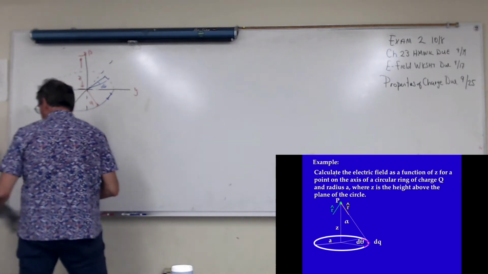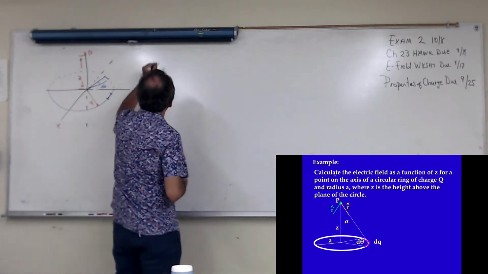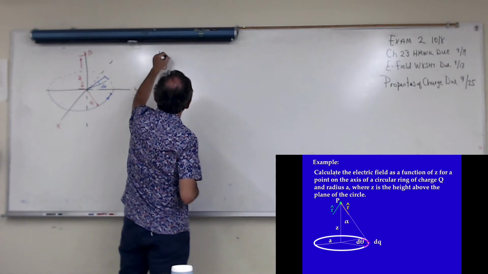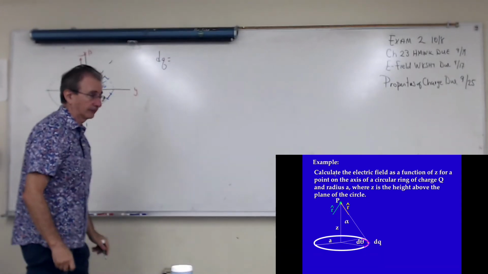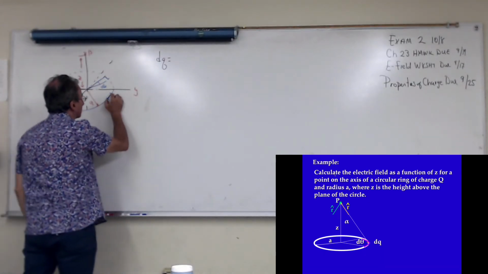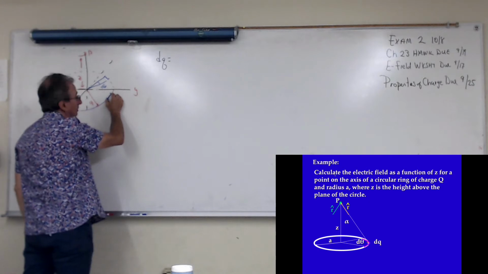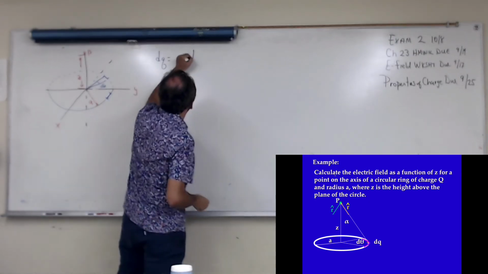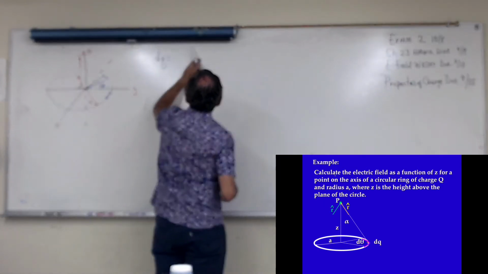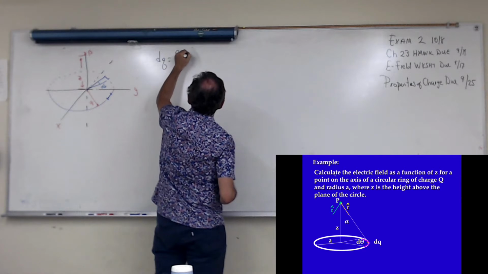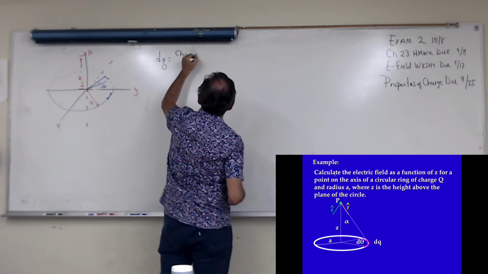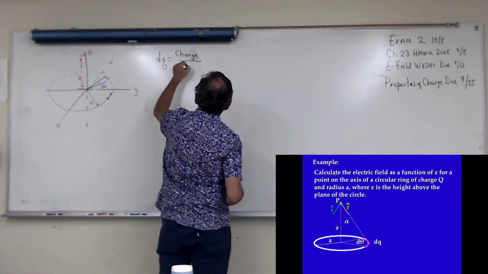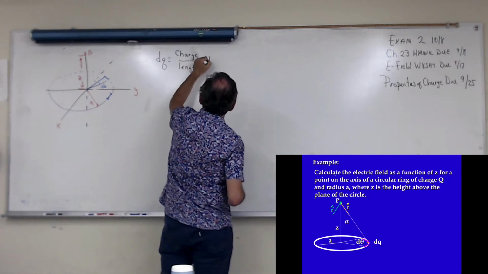I want to write down my dq for this little piece of length ds. This is going to be the charge per unit length times our ds.